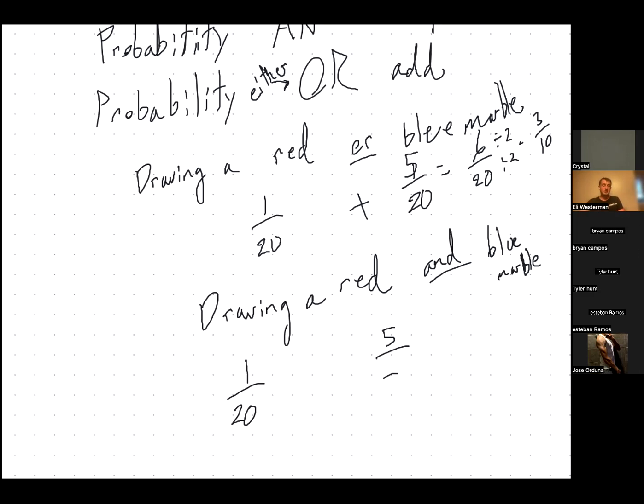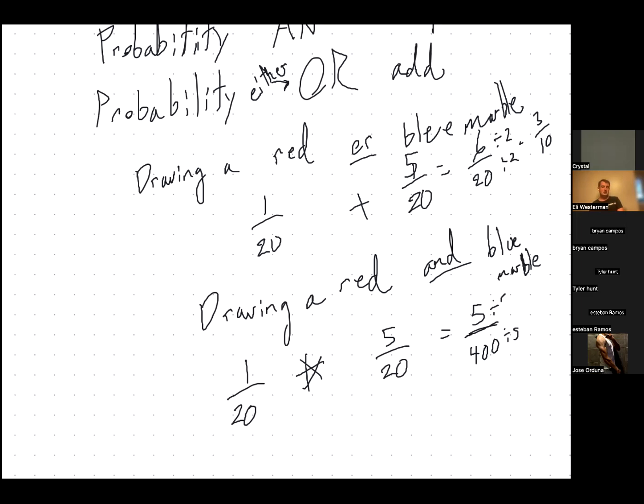Now, since we're doing the probability "and," we're going to multiply those probabilities. So we multiply and we get 5 over 400. Now, when we simplify that, we'll have to divide both by 5.